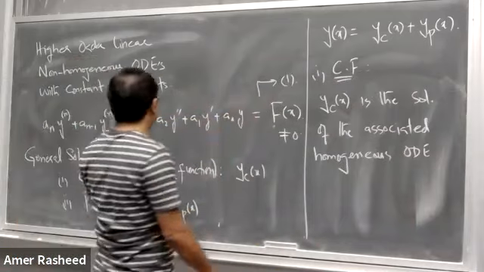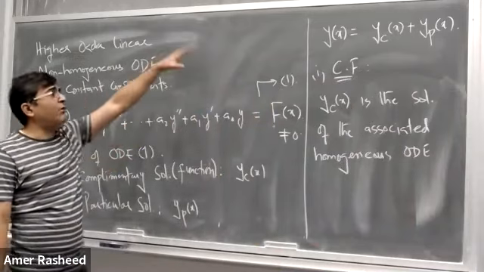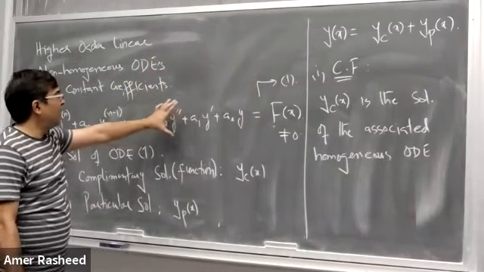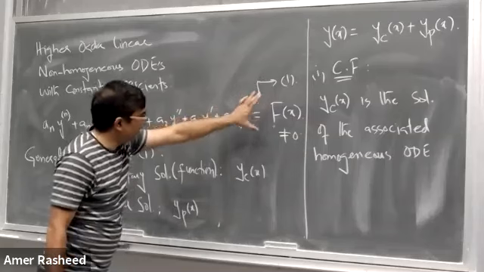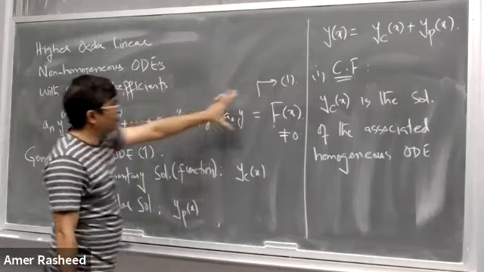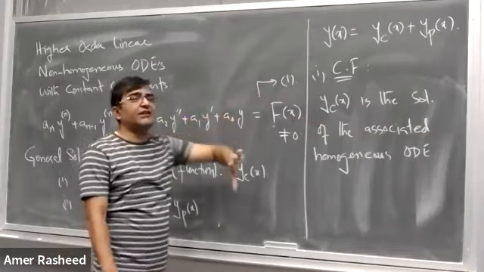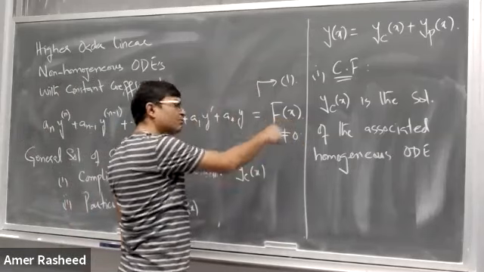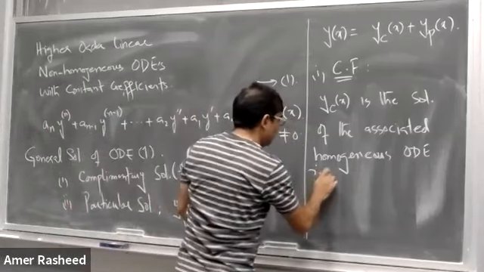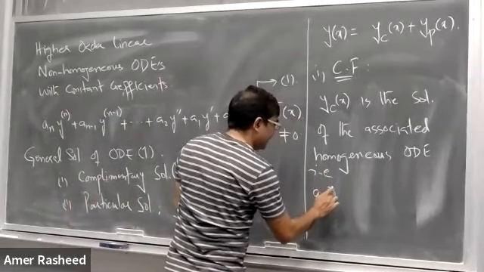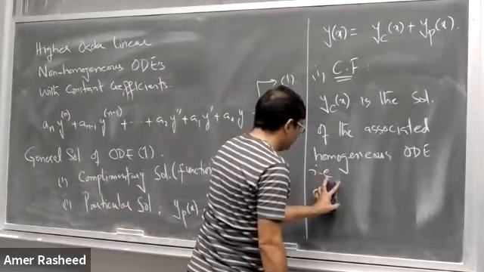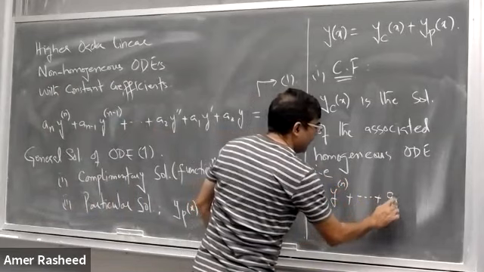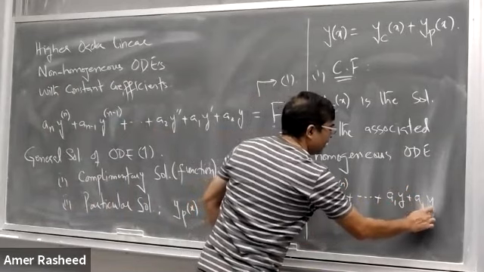Its general solution is the sum of the complementary function and the particular integral, where the complementary function is the solution of the equation associated to this equation, which is the homogeneous part of this equation. It means we just put the right-hand side equal to 0. That is, a n y n plus so on plus a1 y dash plus a naught y equal to 0.